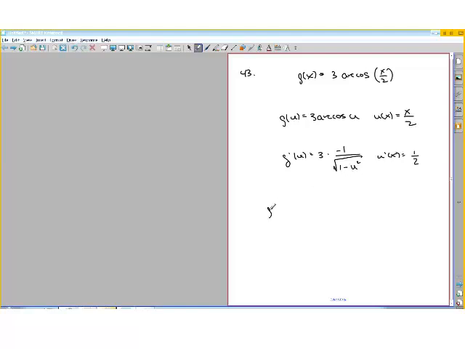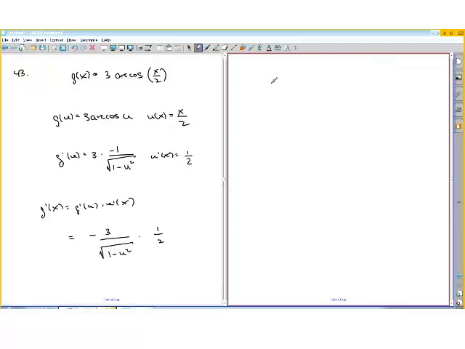So now we do the chain rule, which says g prime of x is equal to g prime of u times u prime of x. G prime of u is, okay, we have negative 1 times 3, which is negative 3, divided by the square root of 1 minus u squared, times u prime of x, which is 1/2. And finally, we plug in what u is.